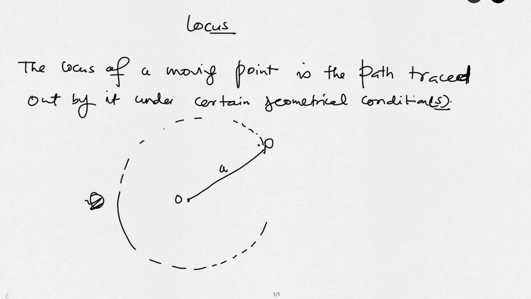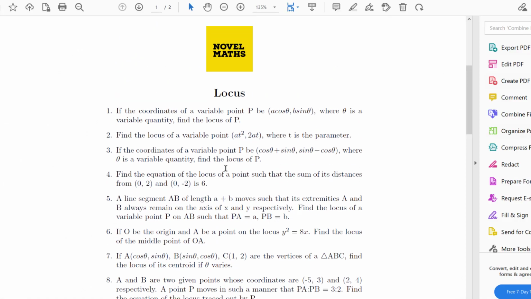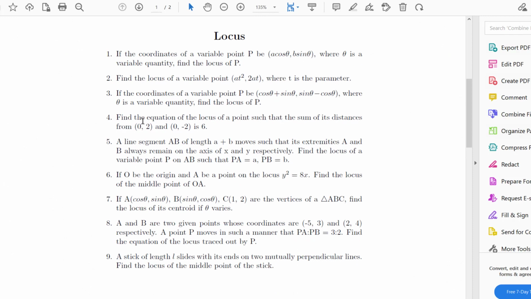That's very obvious. So there are different situations where the curve will be different given the condition, right? What was the condition here? The distance from that point is always constant. If you see in this kind of questions, conditions are always given. For example, number 4, find the equation of locus of a point such that the sum of its distance from 2 points is 6.